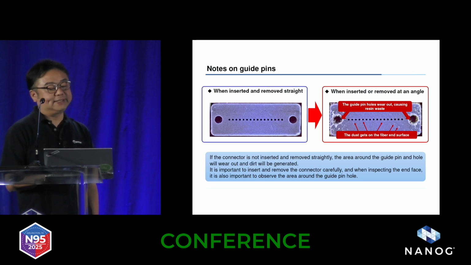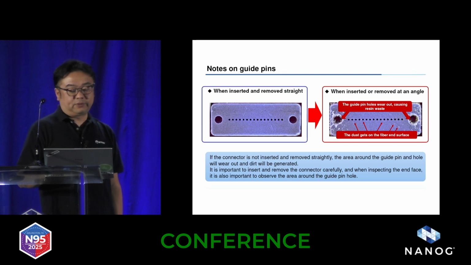If the connector is not inserted or removed straight, it can become worn down, as shown in the photos. In most cases, once it's connected, it will not be removed often, but if it is inserted and removed frequently, please be sure to insert and remove it carefully.